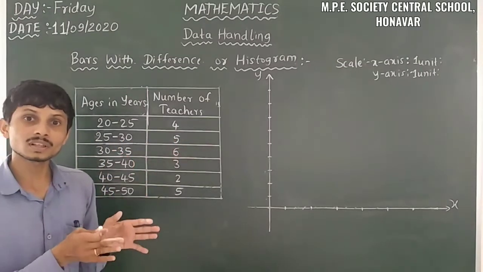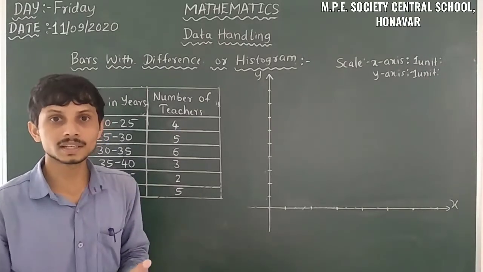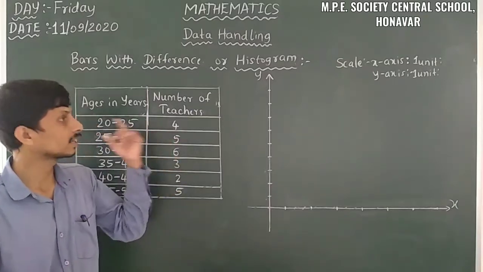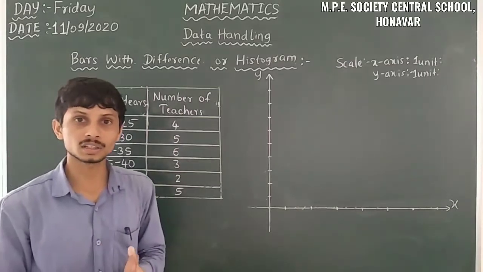So here we have to consider the lower limit. What is their age? Based on that we take the class interval and the frequency. Okay, so this is the data we already have here.